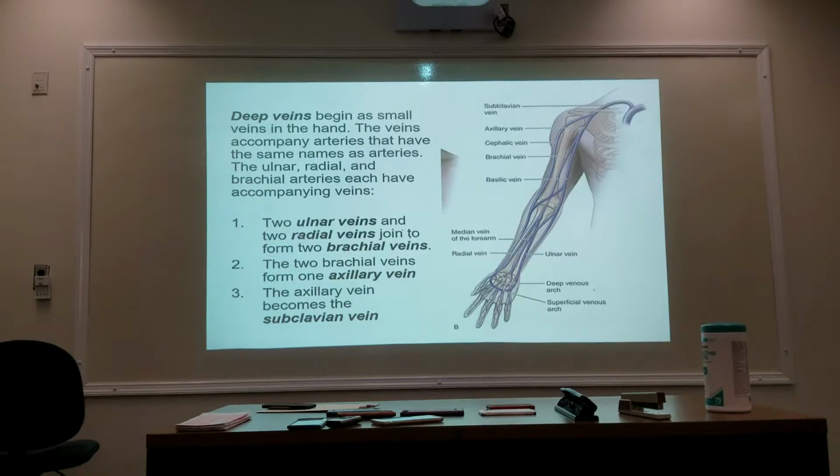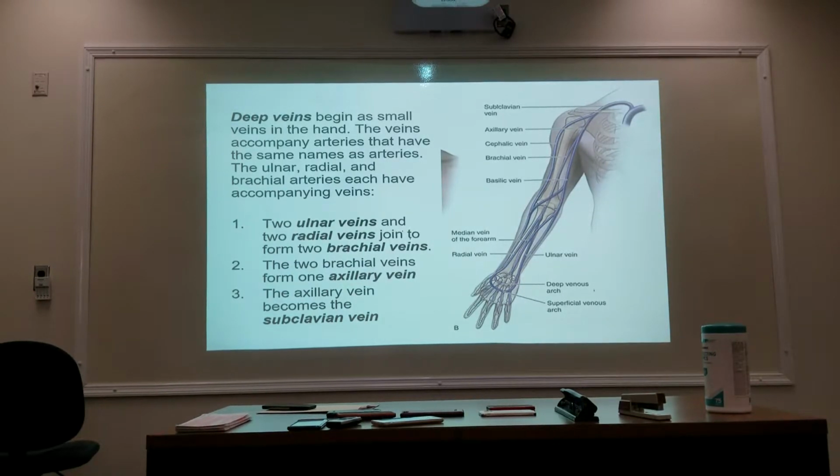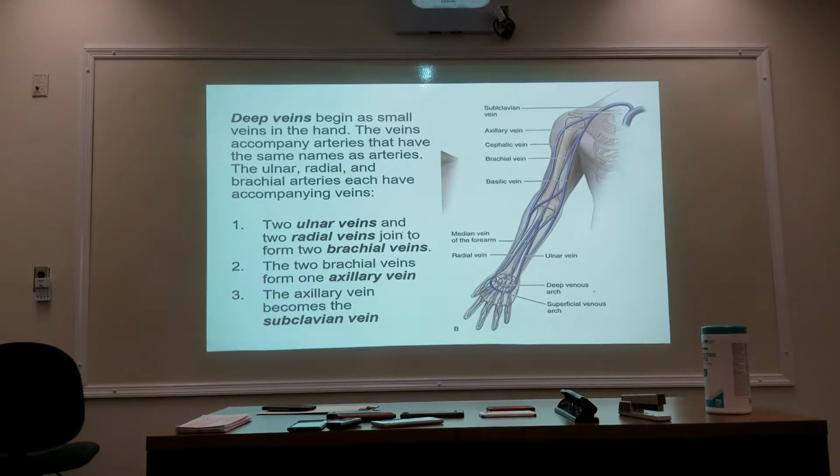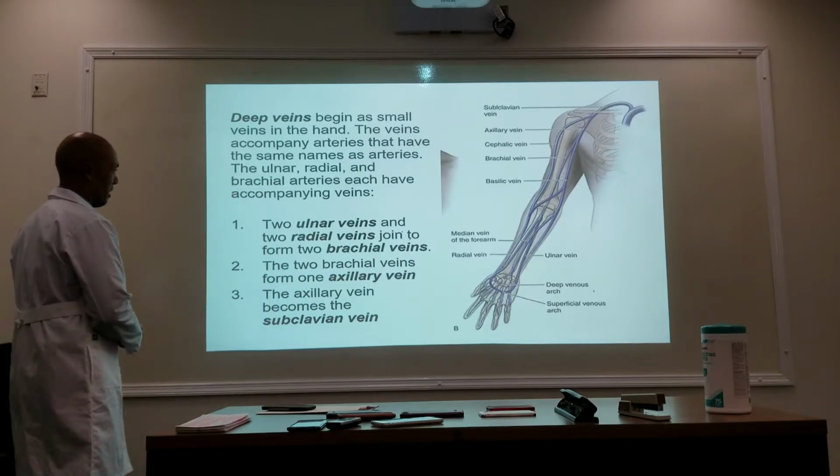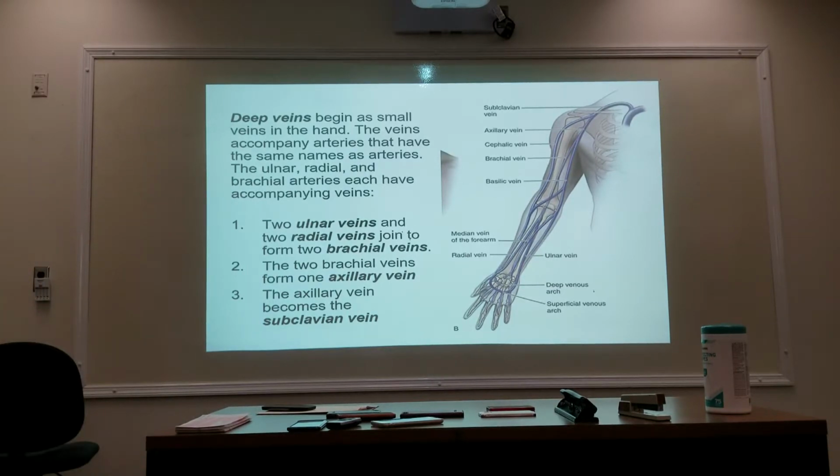You guys get that? Okay. So the ulnar vein and the radial vein join to form the brachial vein. And then the brachial vein forms the axillary vein, and then the axillary becomes the subclavian. That's what it should say. All right?